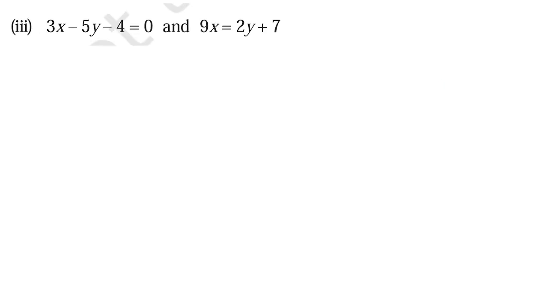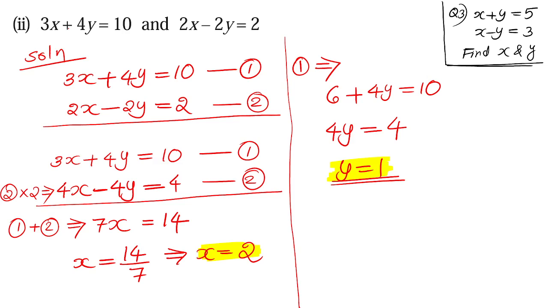The next problem is 3x minus 5y minus 4 equal to 0, and 9x equal to 2y plus 7. Let me do some rearrangement. While finding the solution, we prefer both x and y present in the left hand side, and the number in the other side.